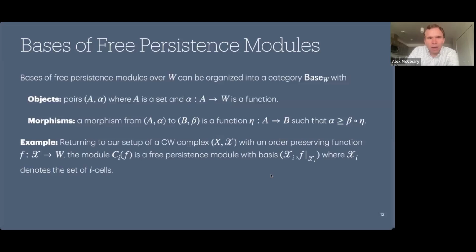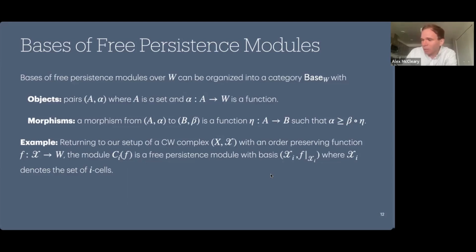So a really important example for us is the sublevel set filtration. And we can look at the chain space, or the chain module, of F. This is always going to be a free persistence module because we have a sublevel set filtration.